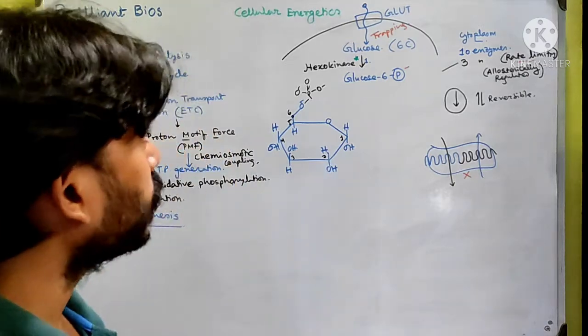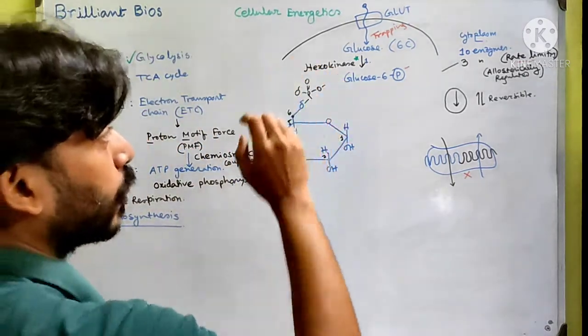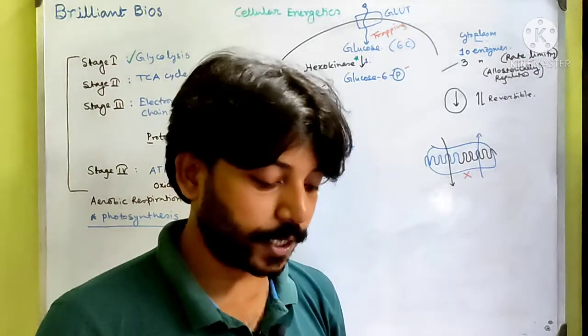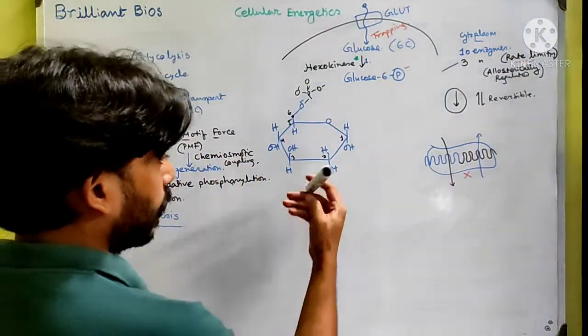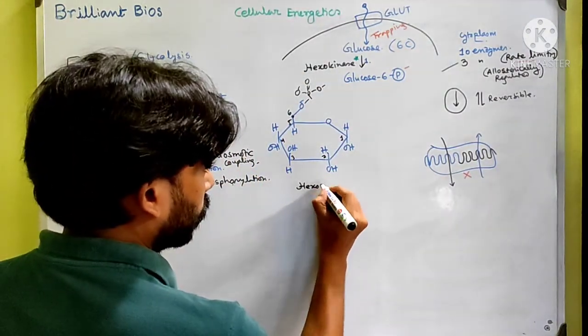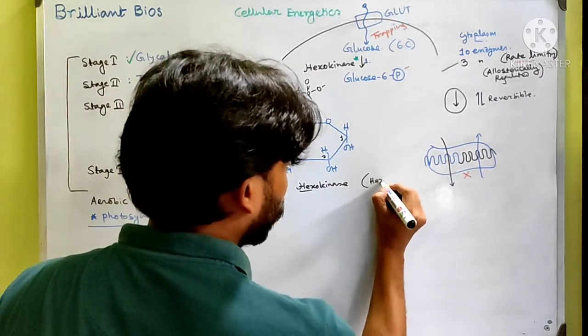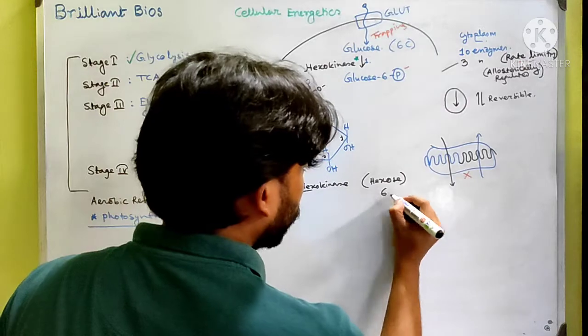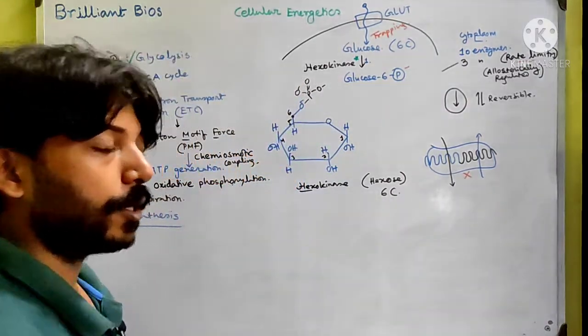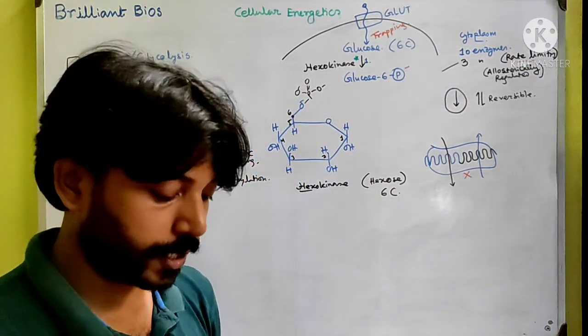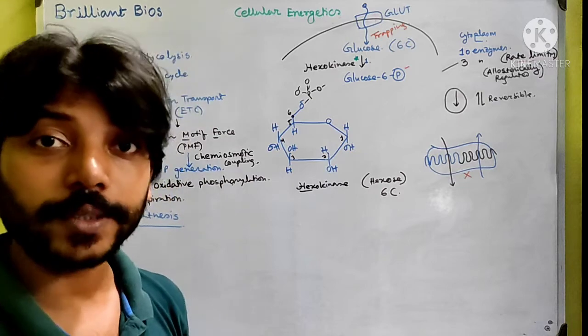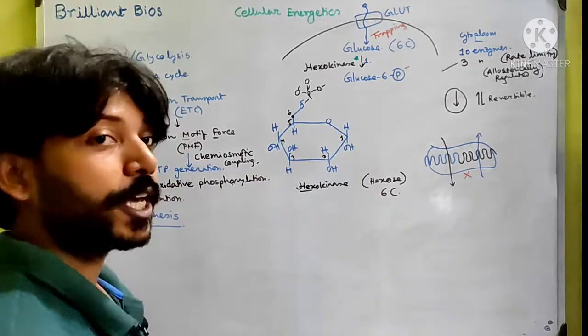Now, an important fact about the hexokinase enzyme. The name hexokinase refers to hexo, which means hexose, that means any 6 carbon sugar molecules. There could be different 6 carbon sugar molecules. Not only glucose is a substrate for hexokinase.